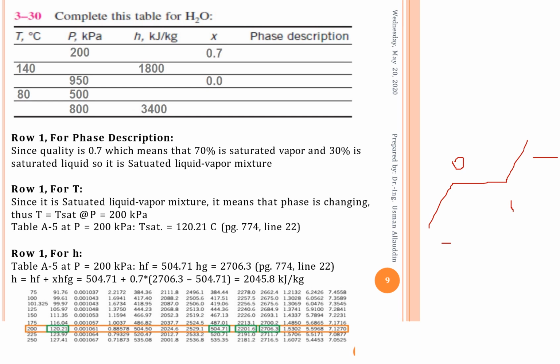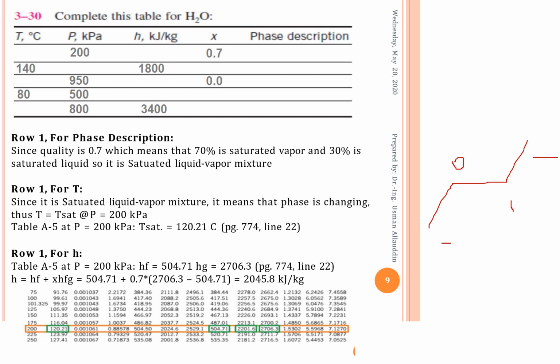In between 0 and 1 we have a saturated mixture, and it will only be from 0 to 1. At 0 we say this is our saturated liquid, and at 1 we say this is our saturated vapor.